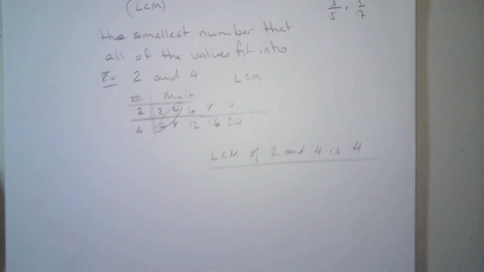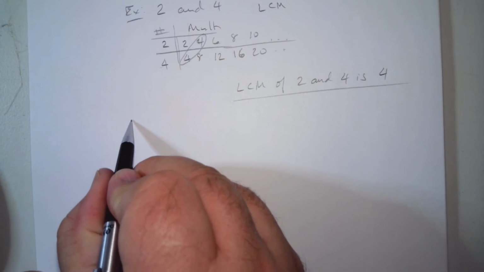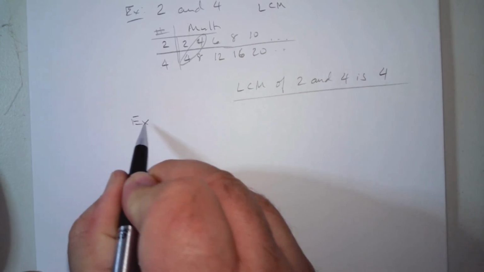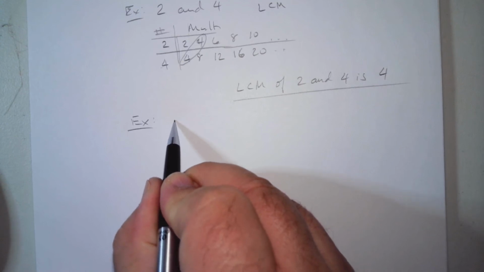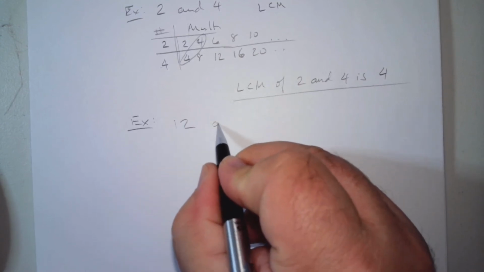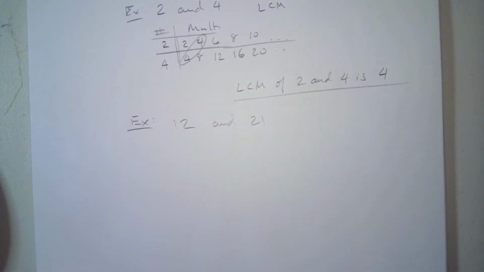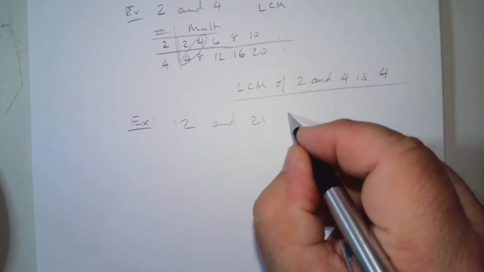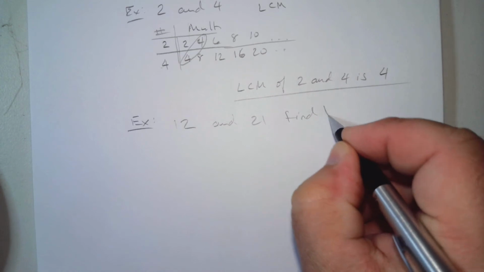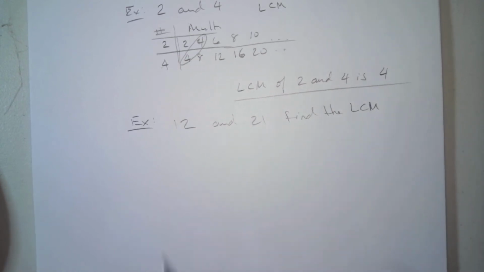All right. Let's look at another example. Let's look at 12 and 21. Find the LCM, the least common multiple.